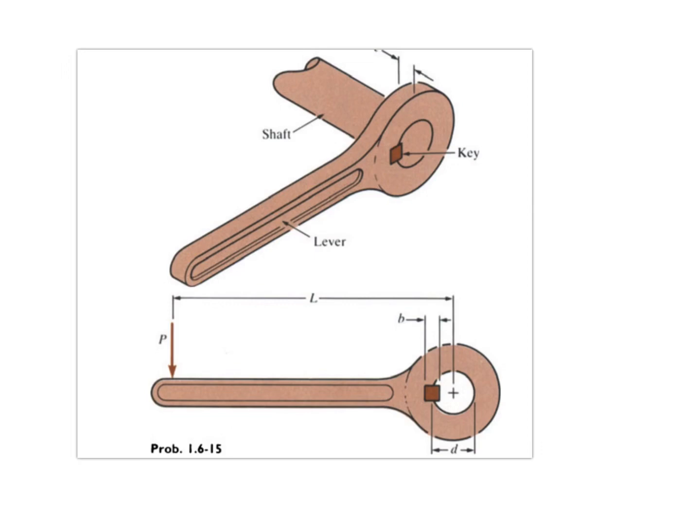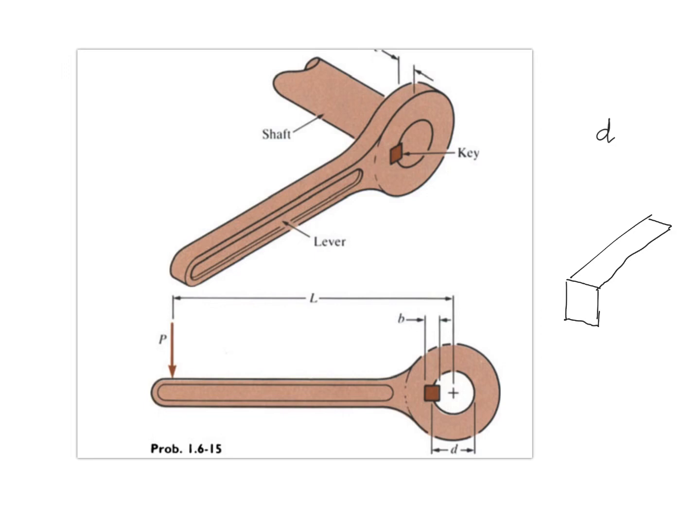So the shaft has a diameter D. We are using a lever and key mechanism. The key is the small rectangular piece which will be used to transmit torque from the lever to the shaft.